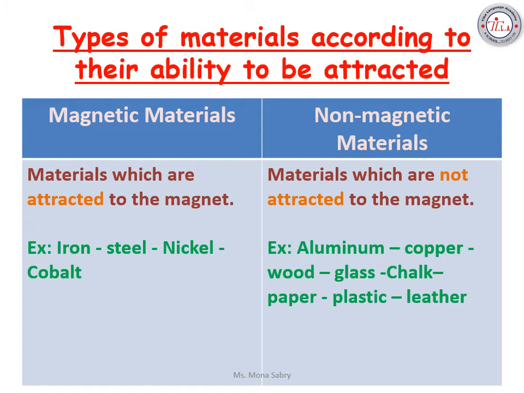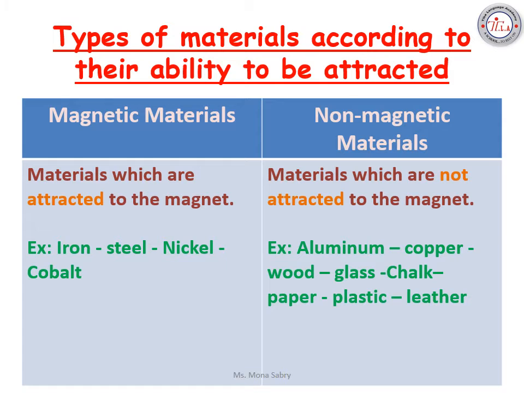materials. Magnetic materials are attracted to the magnet: iron, steel, nickel, and cobalt. Non-magnetic materials are not attracted to the magnet: aluminium, copper, wood, glass, chalk, paper, plastic, and leather.